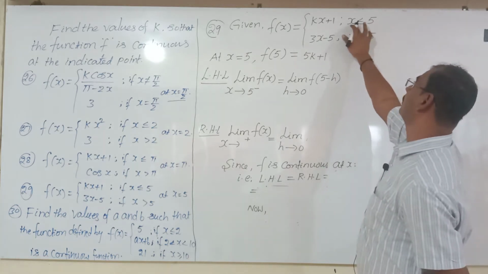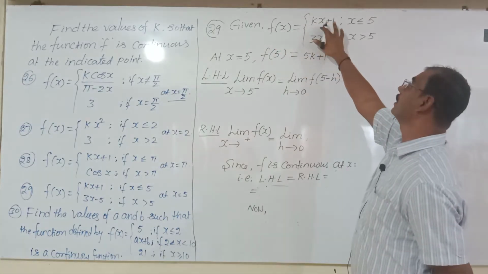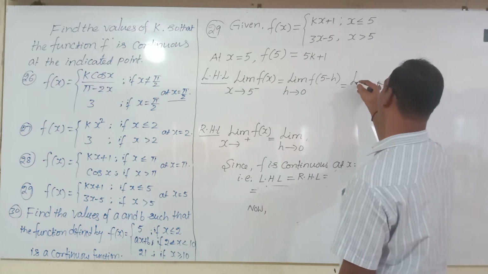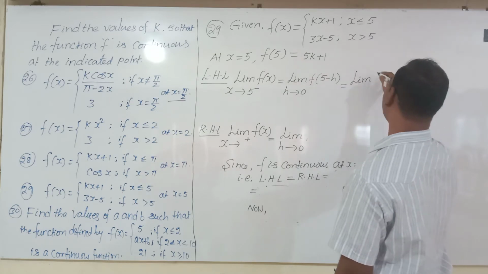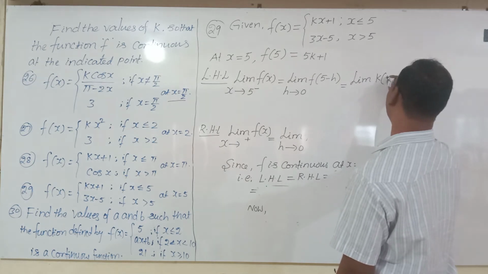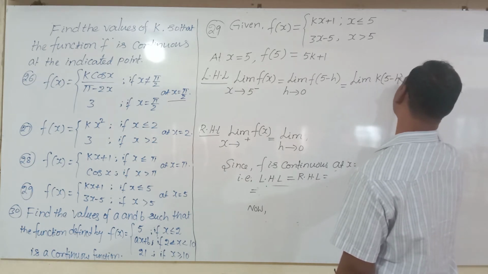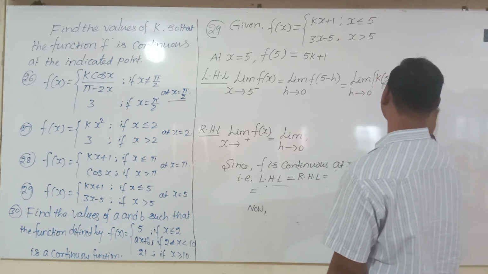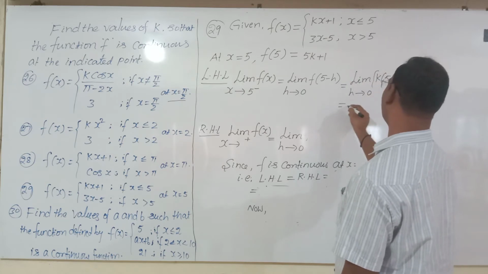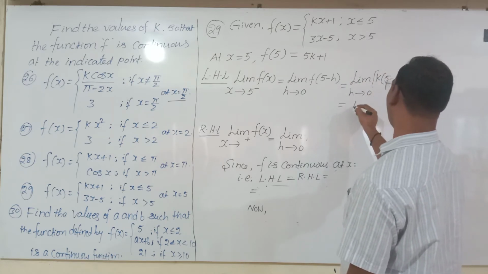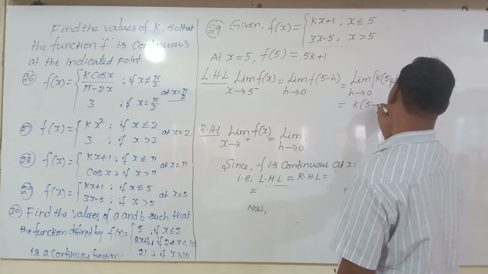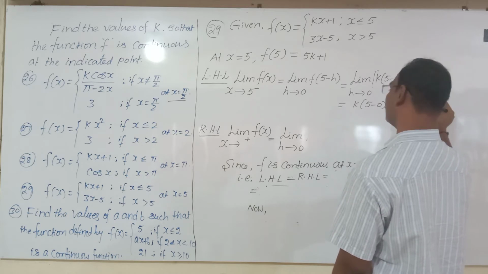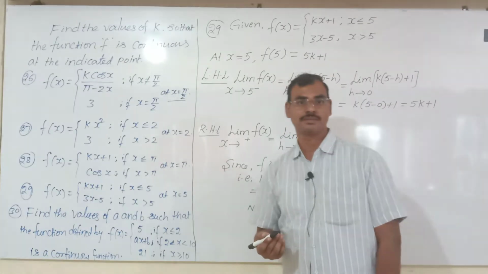When x is smaller than 5, f of x is kx plus 1. Substitute here. This equals limit of k bracket 5 minus h plus 1 as h approaches 0. Apply the limit h equal to 0: k into 5 minus 0 plus 1. This is equal to 5k plus 1. This is the left hand limit.